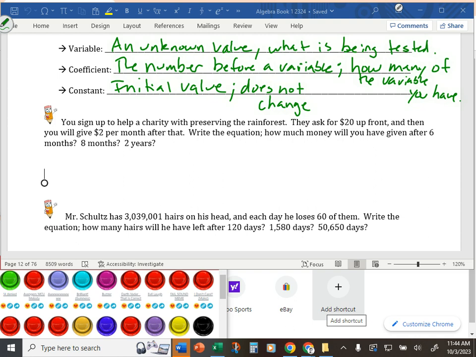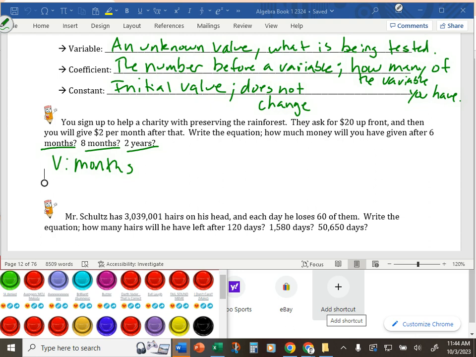The longer we're a part of the charity, the more money that we'll give. Okay? But again, like I said earlier, the variable is what changes. What's changing here is the length of time that we're a part of this. Okay? So our variable is going to be months. So you can use M if you want, or you can stick with N to be consistent. Okay? But the variable is how long we're a part of this charity.